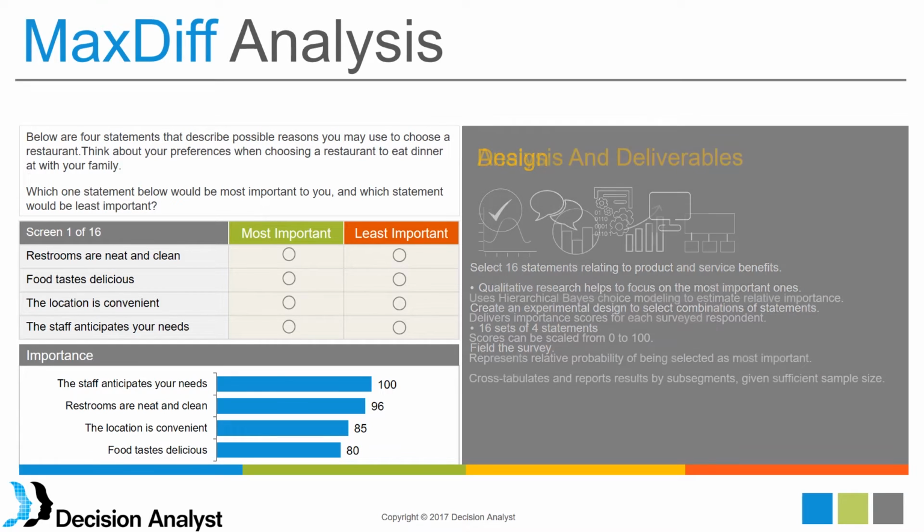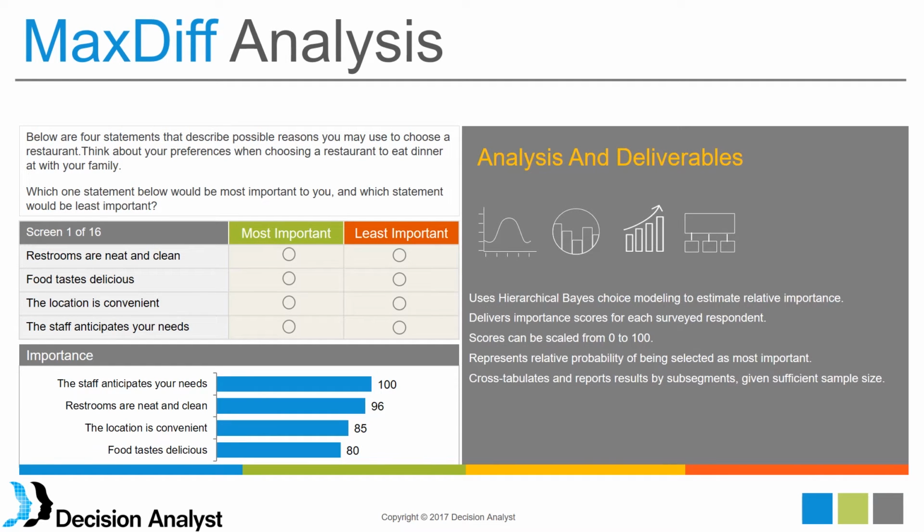And for the analysis, you can use a choice modeling technique called hierarchical Bayes, and it estimates relative importance for each respondent. And from these relative importance values, we can produce a relative ranking of all of the attributes.